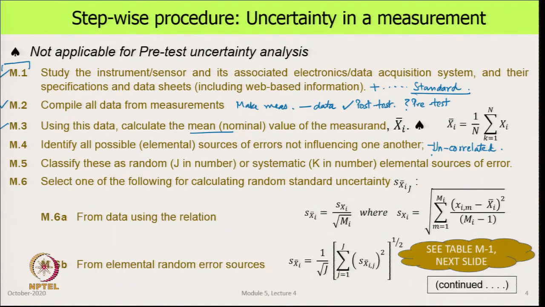That is uncorrelated errors. And then we classify them in the next step as either random or systematic. The number of random errors that we get, that is the value of j. The number of systematic errors we get, that is the value of k. Then we do one of the following to calculate the random standard uncertainty, S x_i bar.